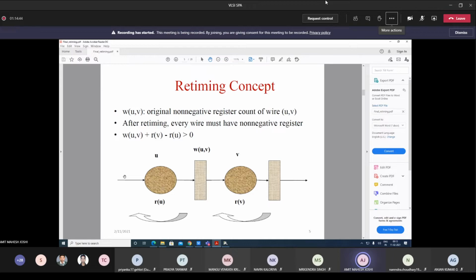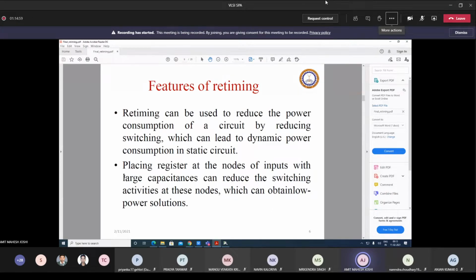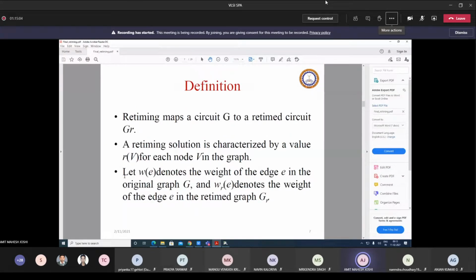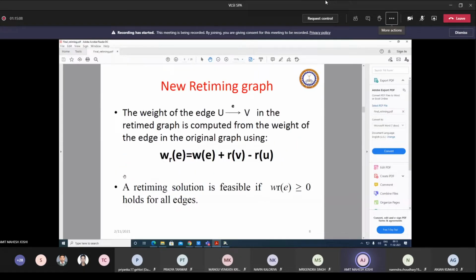Another is optimization through retiming vector. When I want to optimize through a retiming vector, I set a retiming vector value to a particular node. I will explain that with an example.